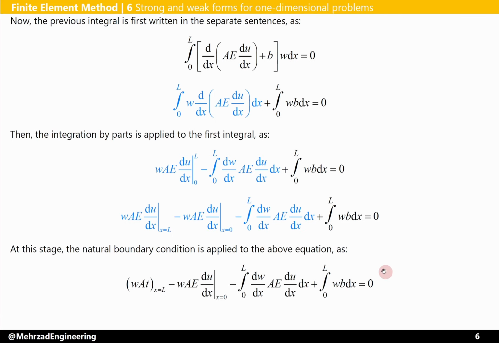So if we refer here to this equation and select a weight function equal to 0 at x is equal to 0, where the essential boundary condition exists, this term is eliminated and we only have the rest.